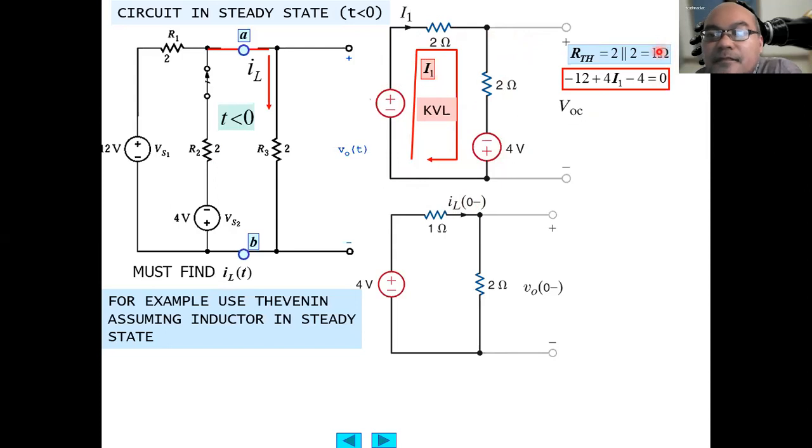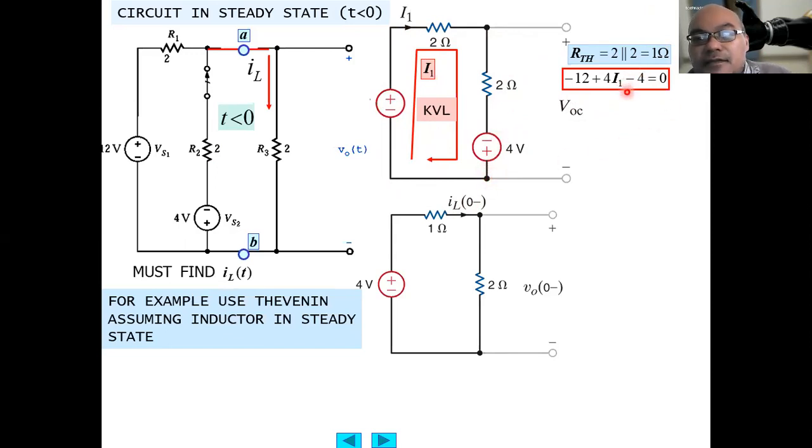And the V open circuit here can be calculated using Kirchhoff voltage law. Minus 12 plus 4 times I1 minus 4 equals 0.